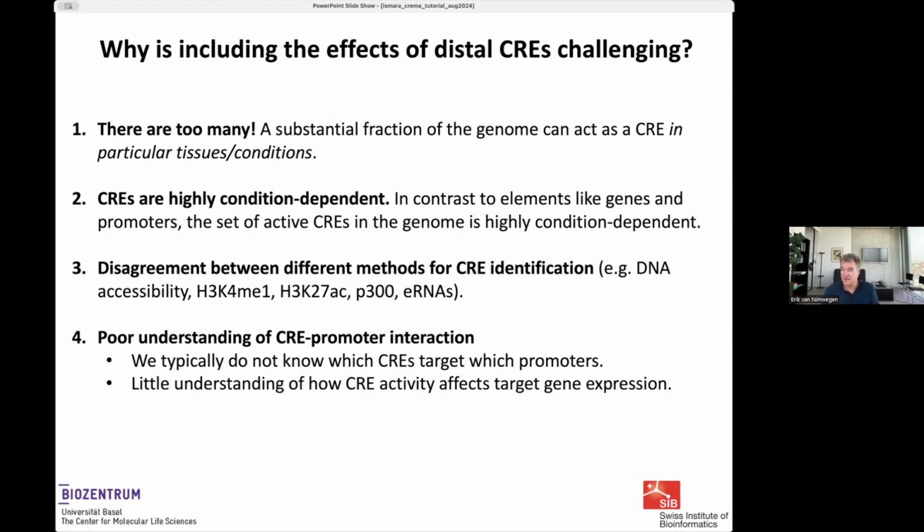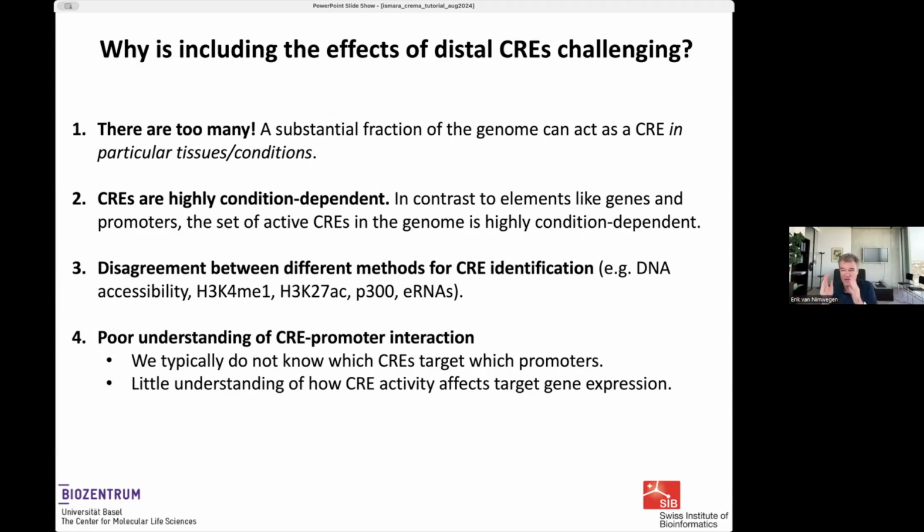And they are highly condition dependent, right? A gene is always a gene and it's always in the same place in the genome. And a promoter of a gene is always a promoter and it's always in the same place of the genome. But where the cis-regulatory elements are that are active in a particular condition changes enormously from condition to condition. So it's a very condition dependent thing.